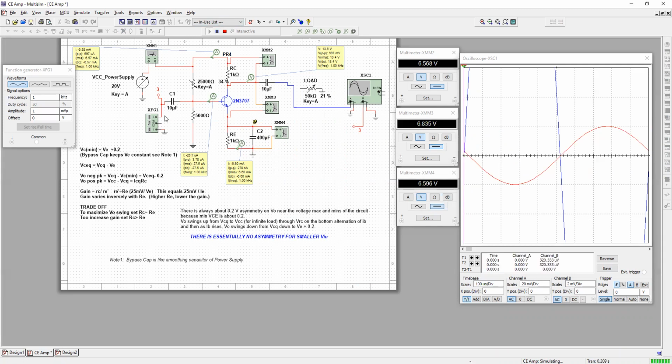It is not just transferring the AC voltage to the resistor here, but it's also blocking DC, the DC signal coming from the power supply into the function generator. So we want to isolate the DC signal from the VCC to the function generator. And so a smaller value here will do that job better.